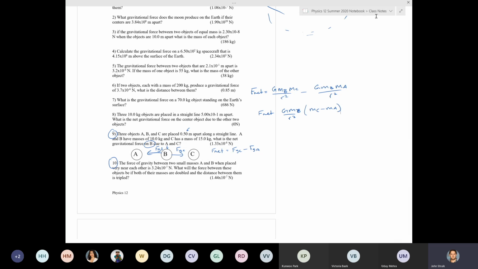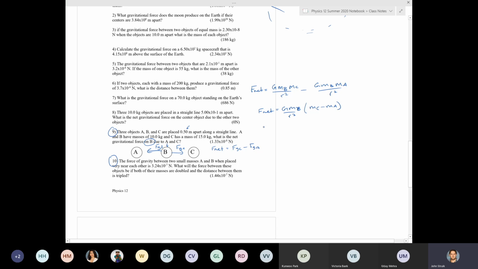So then the net force will be 6.67 times 10 to the negative 11 times 10, because that's MB, over 0.5 squared, and then MC 15 minus MA 10. 6.67 times 10 to the negative 11 times 10 times 5 divided by 0.5 squared is 1.33 times 10 to the negative 8 newtons. So we got the right answer.